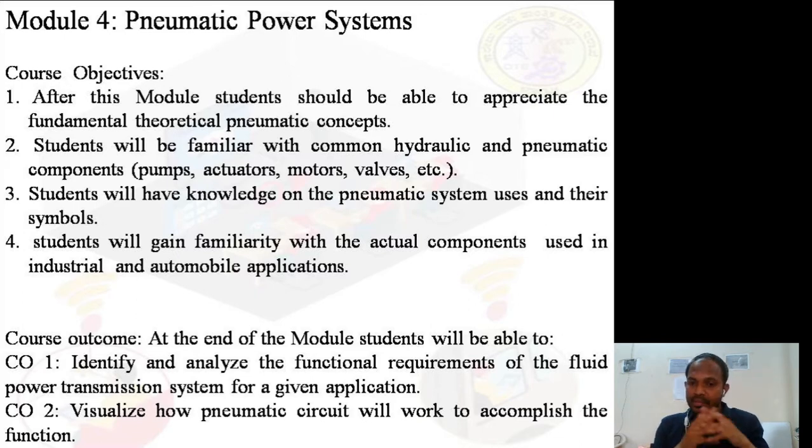That means based on the area of application and the required field, they will be able to identify which fluid or which method is suitable for that. When you come to course outcome 2, they will visualize how a pneumatic circuit will work to accomplish the function. So these are the course objectives as well as the course outcomes of this pneumatic power system, that is the fourth module.